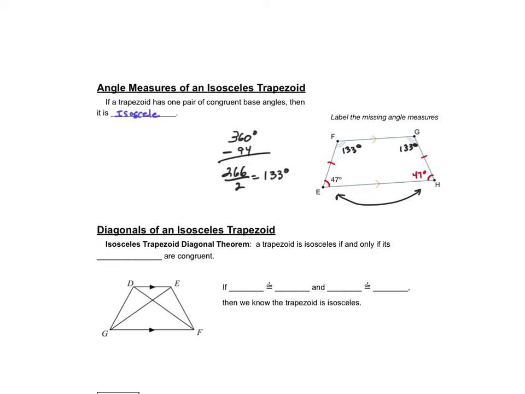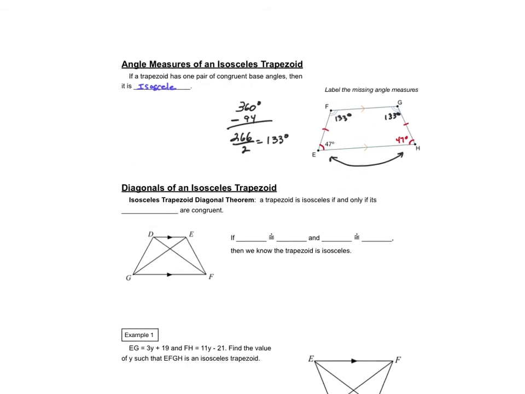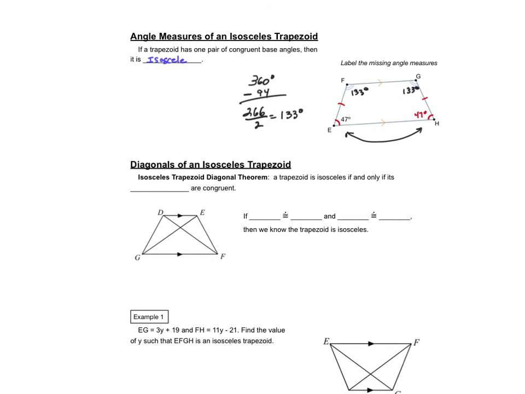Now, the diagonals of a trapezoid. A trapezoid is isosceles if and only if its diagonals are congruent. So we are going to find out that when we have an isosceles trapezoid, my diagonals will be congruent.